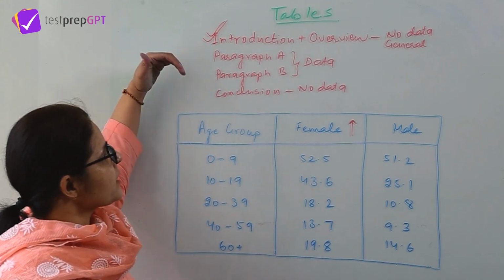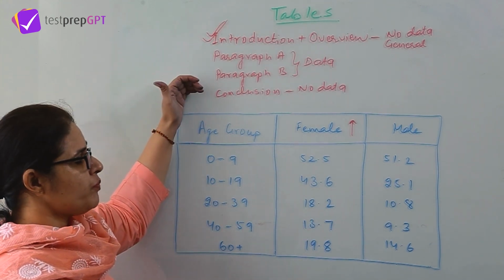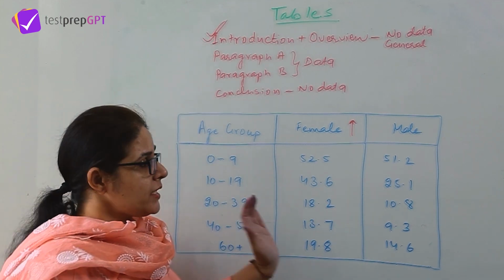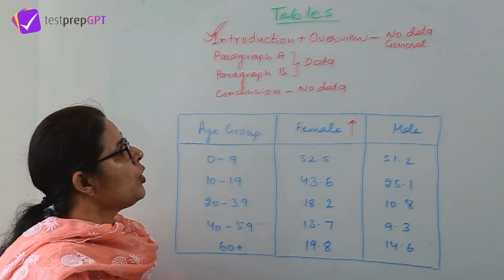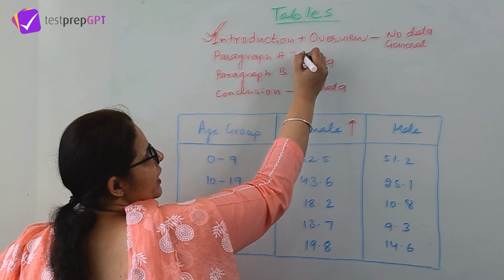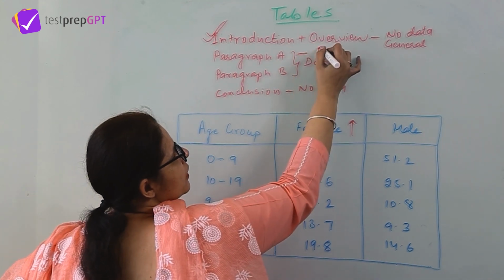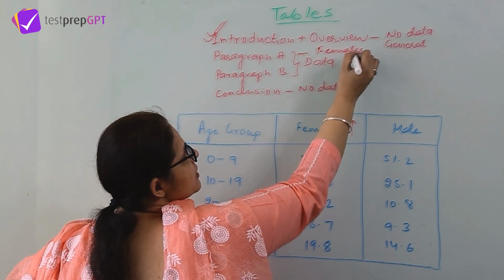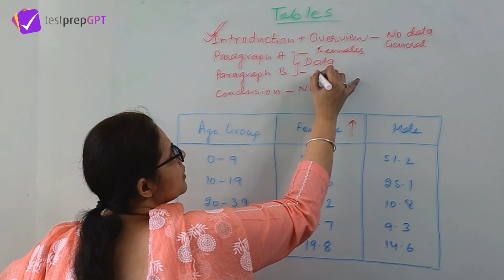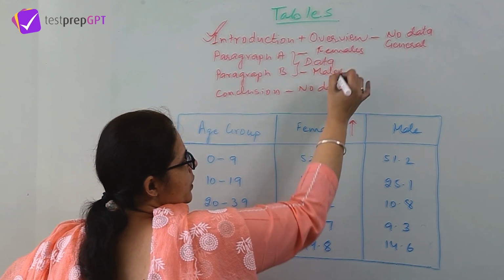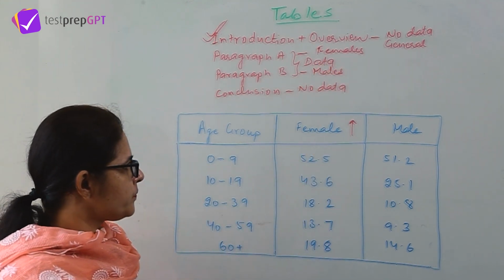Next we need to look at paragraph A and paragraph B. As there are 2 categories, for paragraph A you can write about females, then you can write about males.